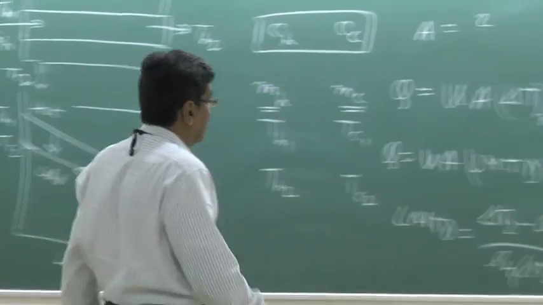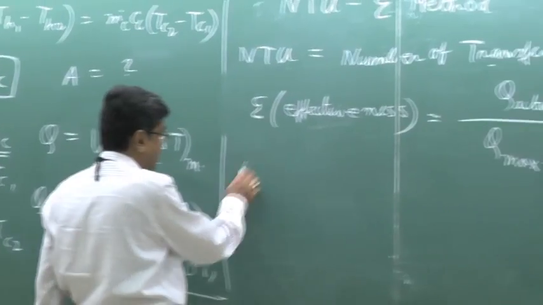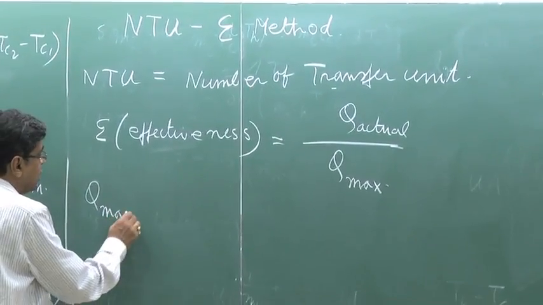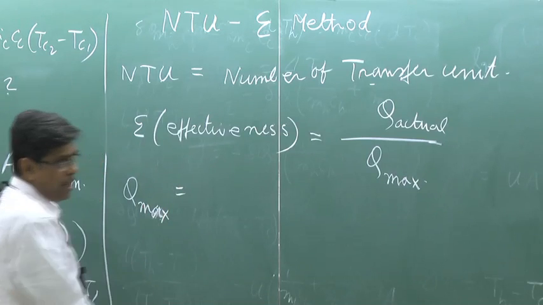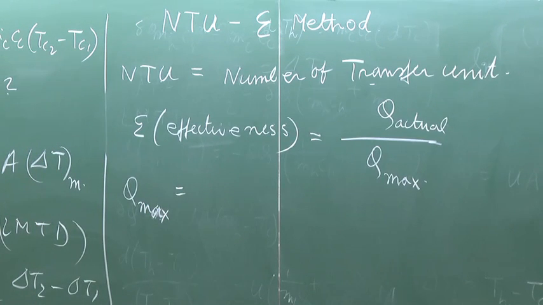But what is the maximum heat transfer which is possible? Now, maximum heat transfer, if you write Q max, try to understand this. Again, there is a concept. Many people, you can make nervous by asking one question. I will tell you that maximum heat transfer will be associated with the maximum change in the temperature. What is the maximum change? That is TH1 minus TC1. Let us consider the counter flow.